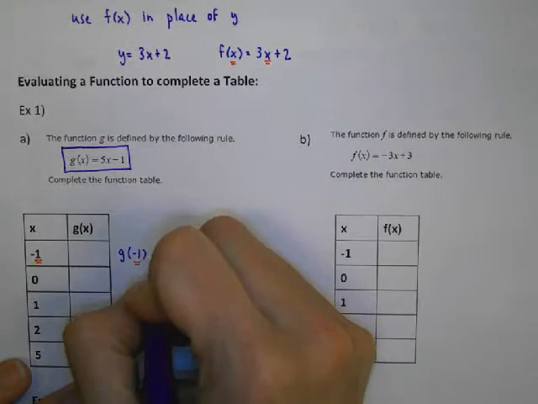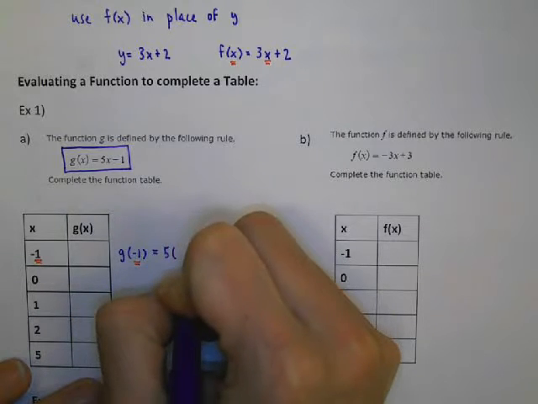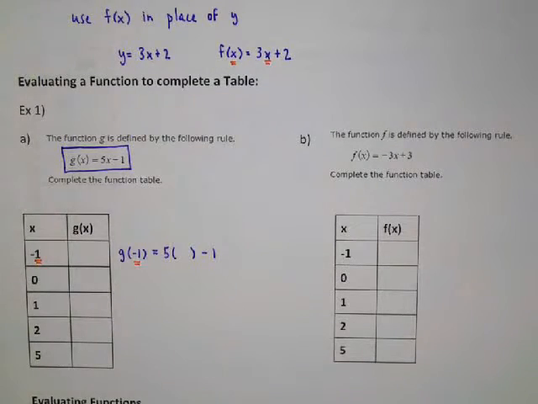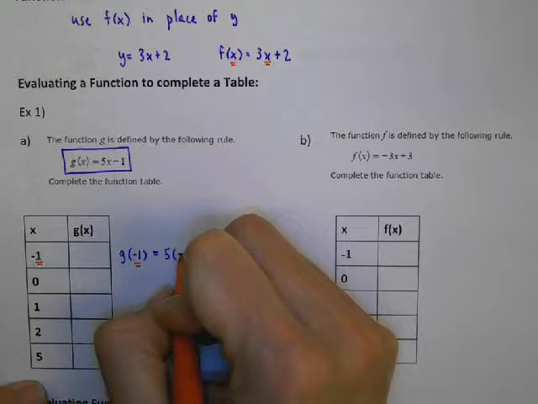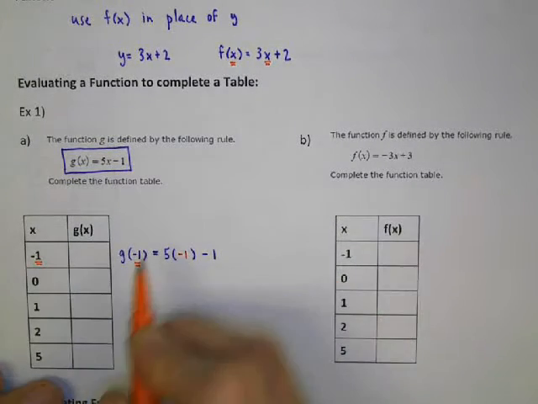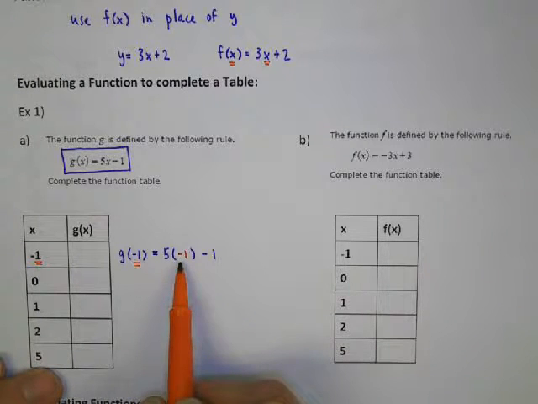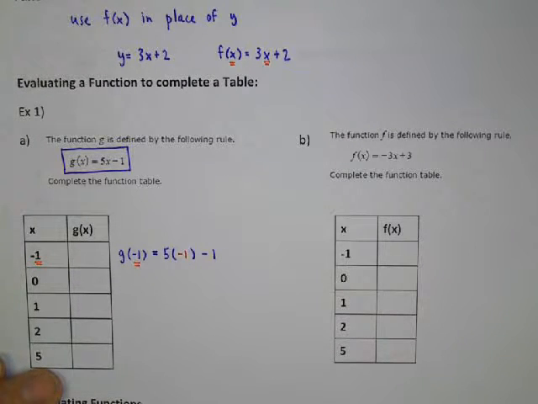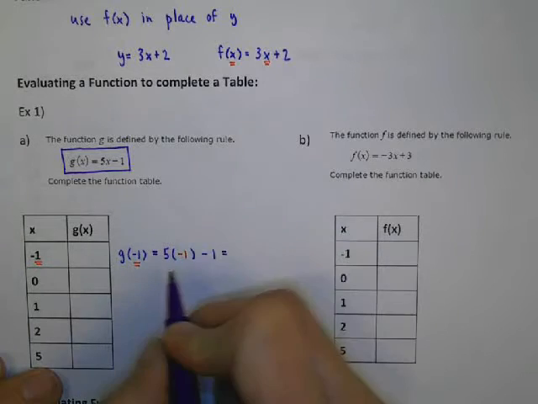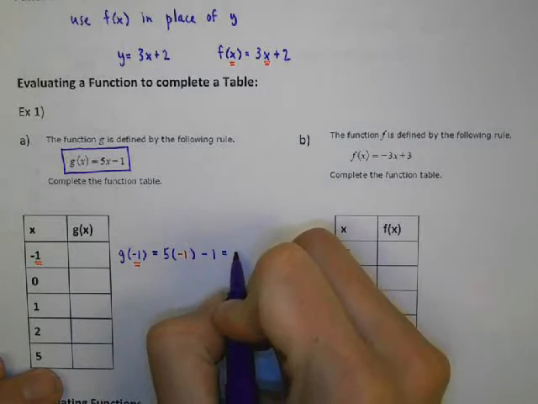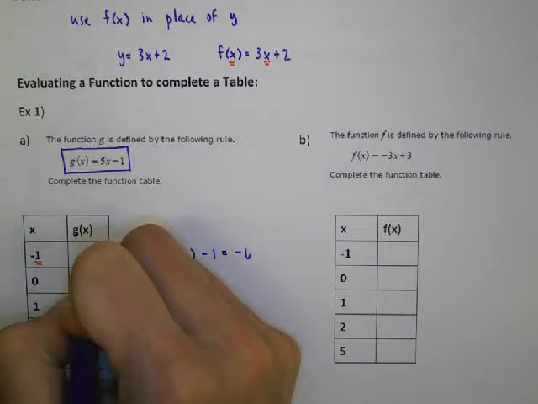And so to evaluate, all I'm going to do is plug in negative 1 into my rule. So instead of x, if I'm finding g of negative 1, I'm going to plug in a negative 1 wherever I see x. And so if I do that, 5 times negative 1 is a negative 5, minus 1 gives me a negative 6.